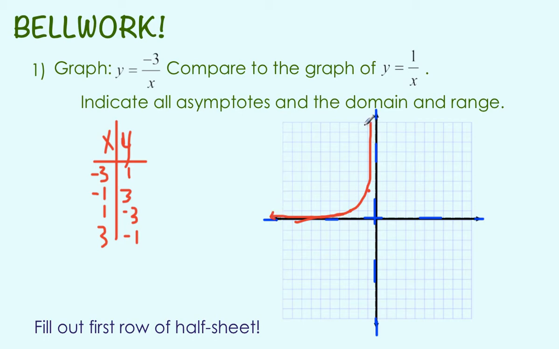So it should look like this. And then when x is positive 1, y was at -3. And when x was 3, we were at -1 here. It should look like that.